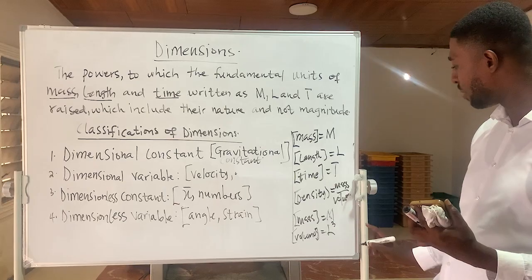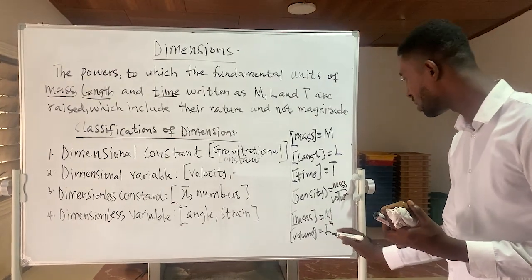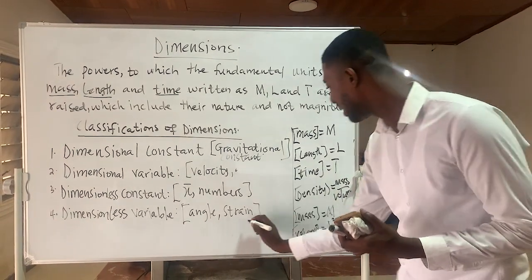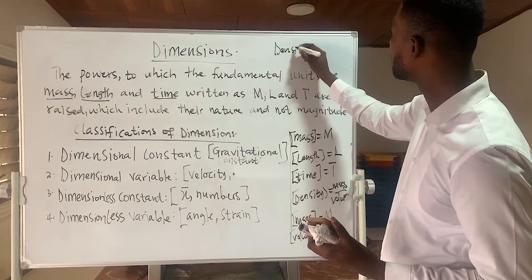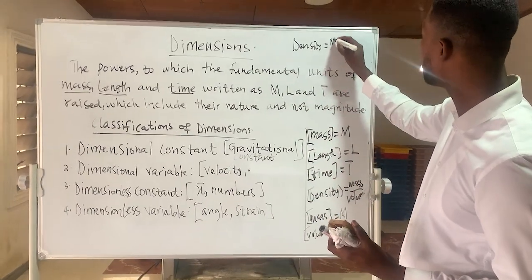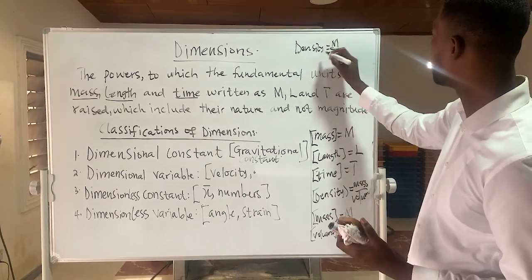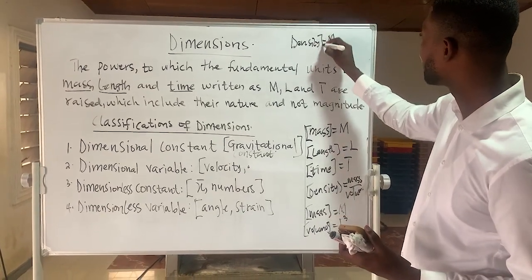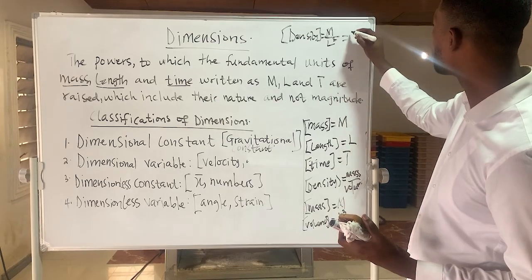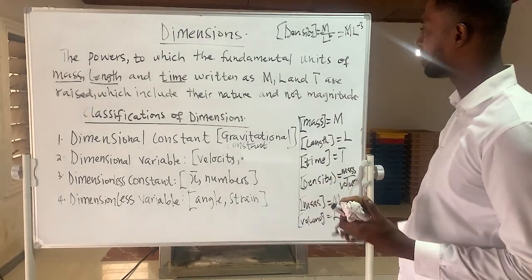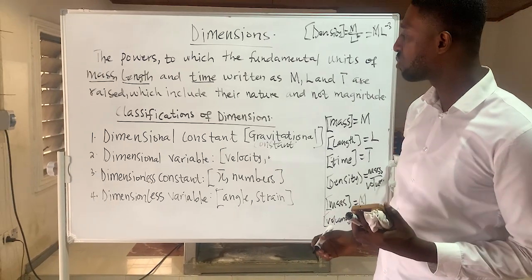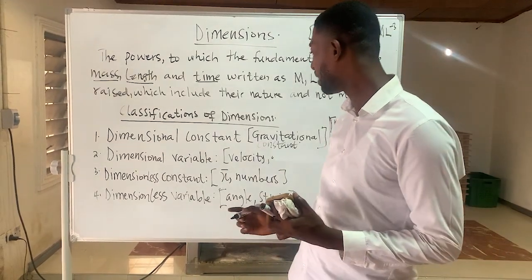Therefore, dimension of density is M over L3, which is equal to M L raised to the power minus 3.